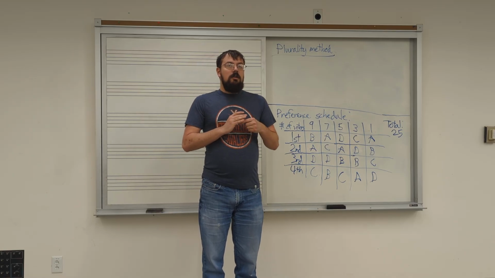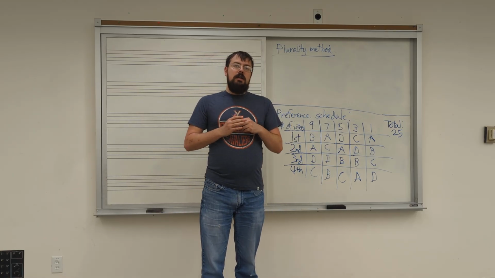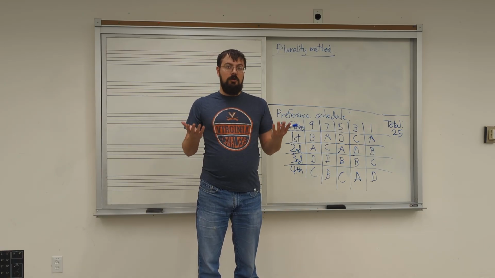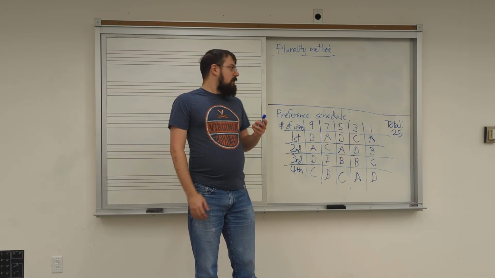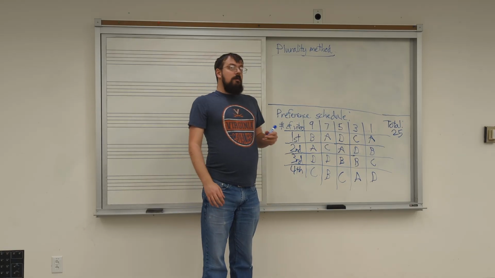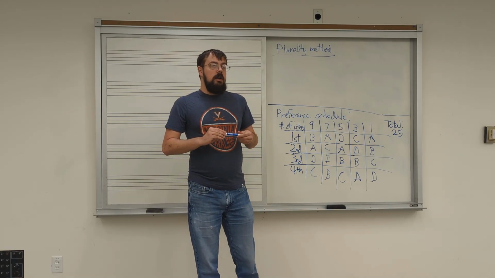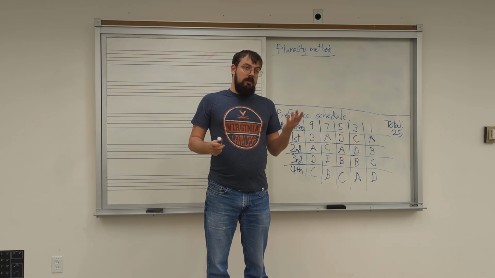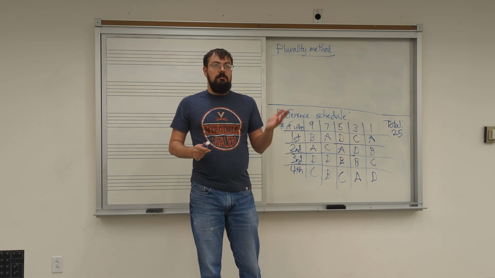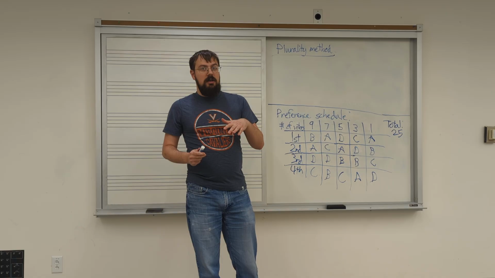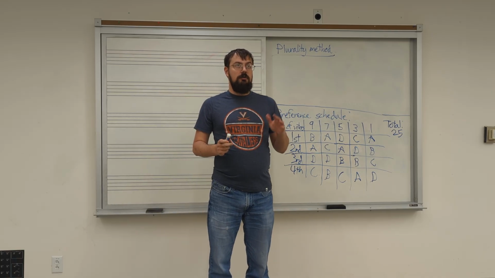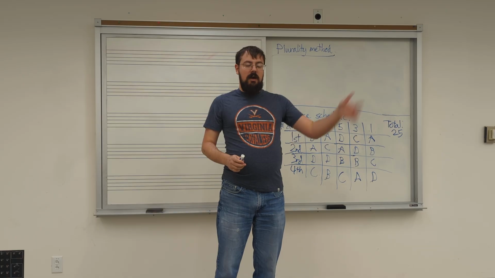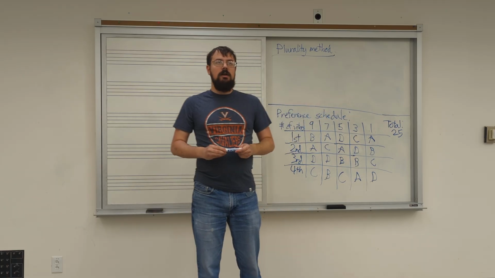Disadvantages of this: you can end up with a candidate that's not necessarily preferred over all the other candidates by a majority of voters. Say we have an election where candidate B wins because they have the most first place votes, but of the people that did not choose candidate B, let's say most people chose candidate A over candidate B. And let's say we have a whole bunch of candidates.